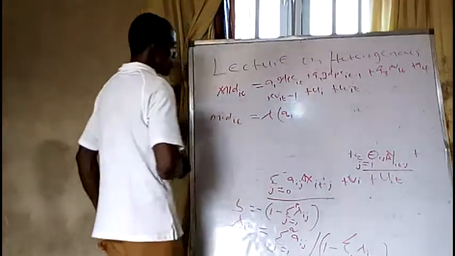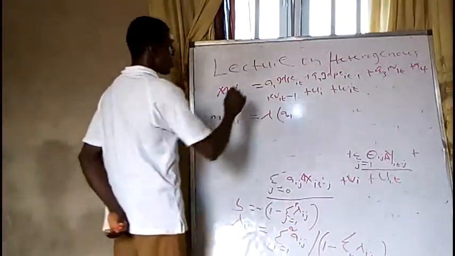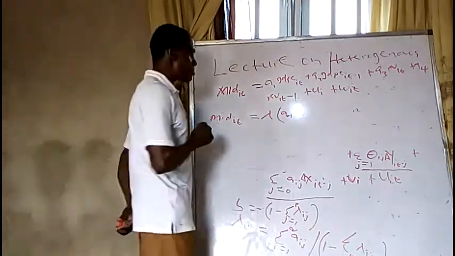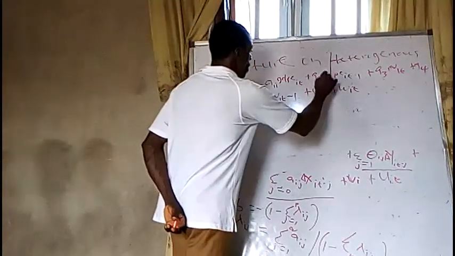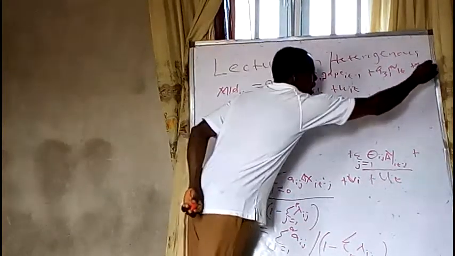Now all these parameters must definitely have subscripts. They must have subscripts. So we put I here, I here, I here, I here.